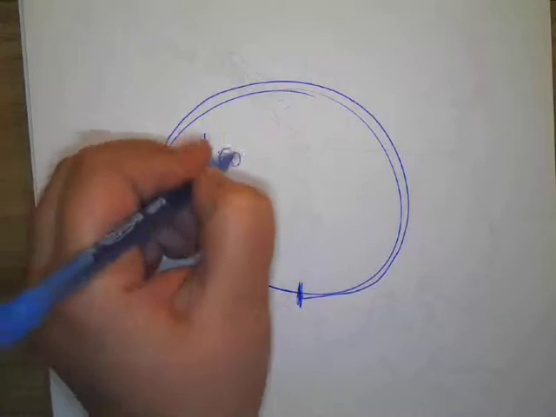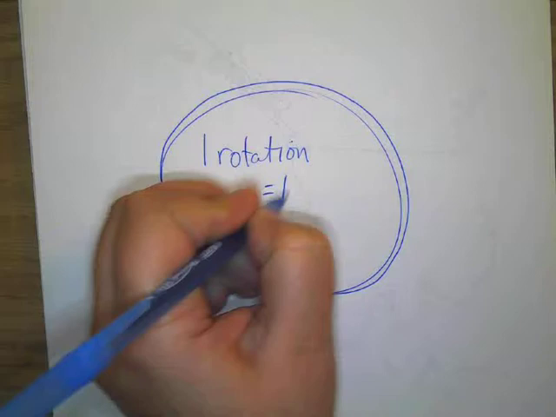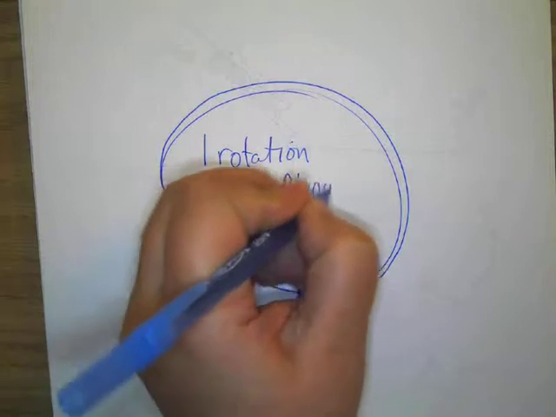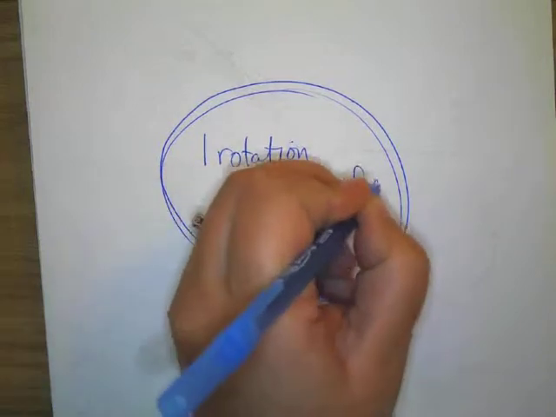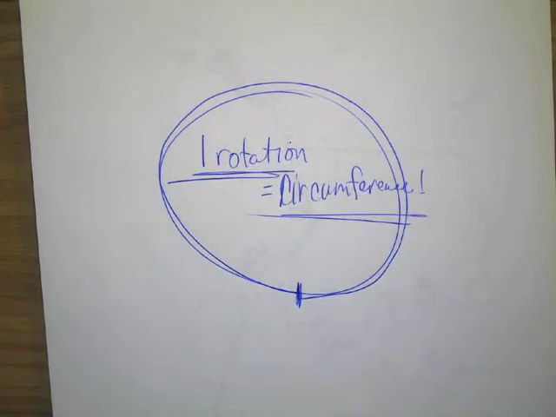The circumference. So one rotation of a tire is the same as the circumference of the circle. That is key to finishing this problem. One rotation of a tire is the same as the length around it, which is the circumference of said tire.